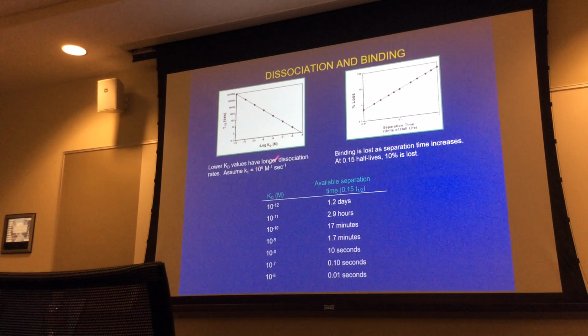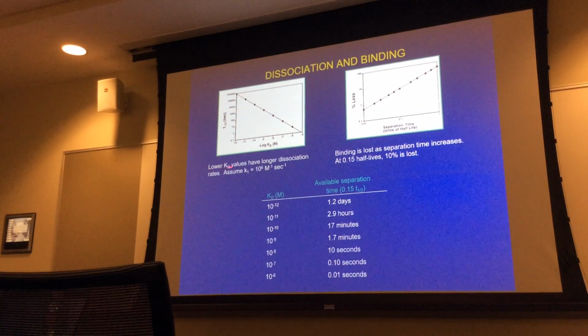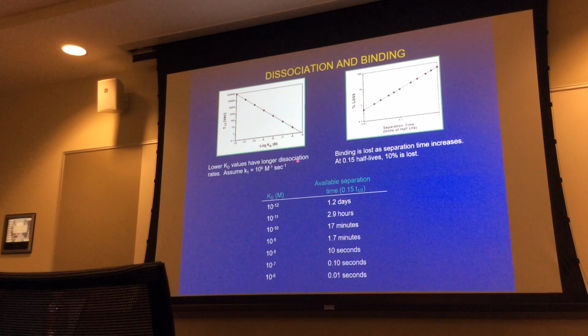So here is a plot which basically refers to the half-life of dissociation as a function of the KD. We've talked about this already. Lower KD values, in other words, higher affinities, have longer dissociation half-lives. So look at this up here. I'm going to have to angle myself here so I can see a little bit about what's going on.